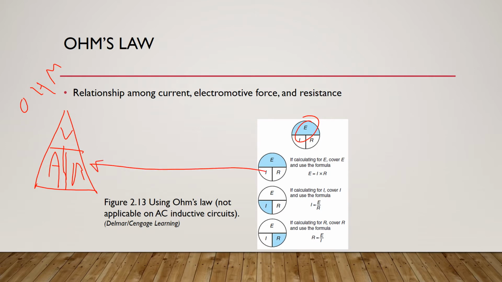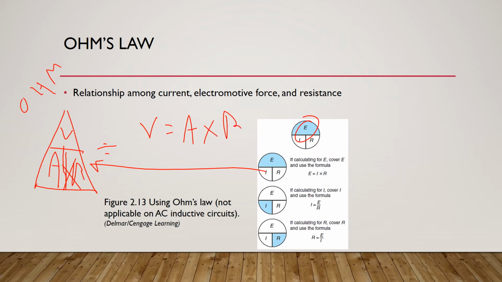Okay, how do we use that law? You need to have two of these components to find the third. From top to bottom, you divide. From side to side, you multiply. So if I want to find the voltage, you cover the voltage and you multiply the bottom, so it's going to be amperage times resistance.